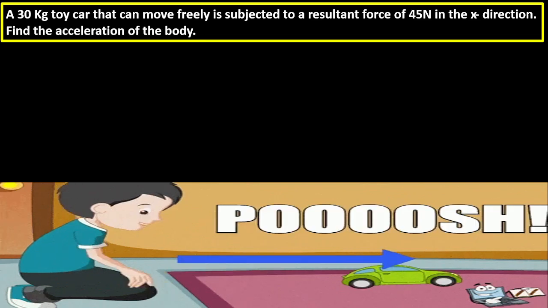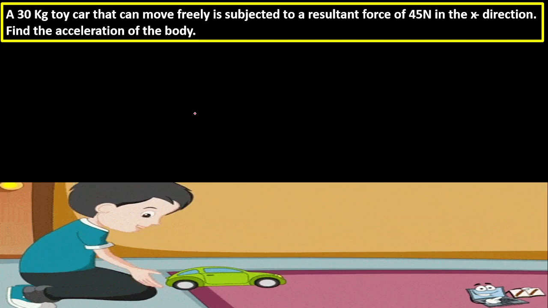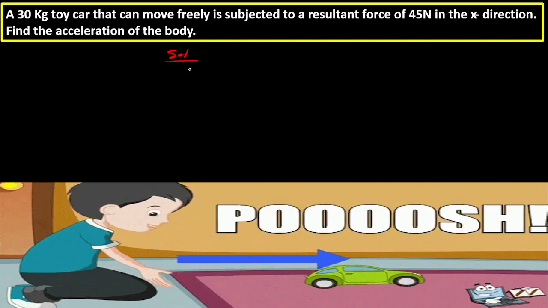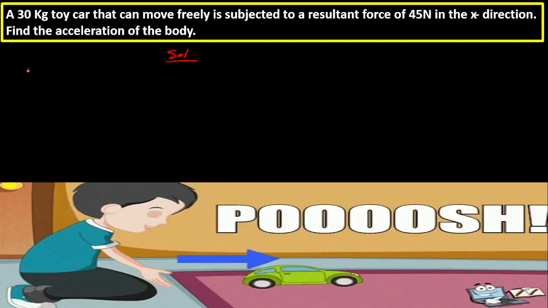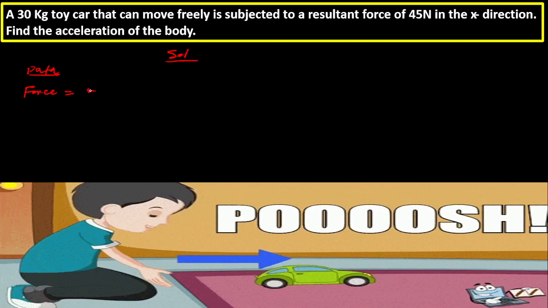We have been told that the force applied on this object is 45 newtons. So we are going to collect our data, which is information. The force is equal to 45 newtons. That's the force which has been applied.